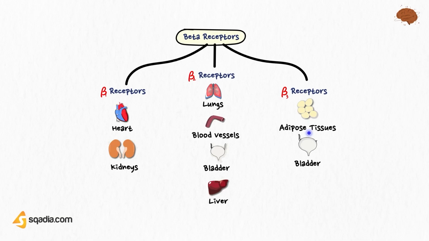In the sympathetic state, we need glucose from lipids, and we also need heat to do complex tasks. These receptors play a role in regulating energy metabolism and body temperature. They are also present in the bladder, where they promote smooth muscle relaxation of the sphincter.